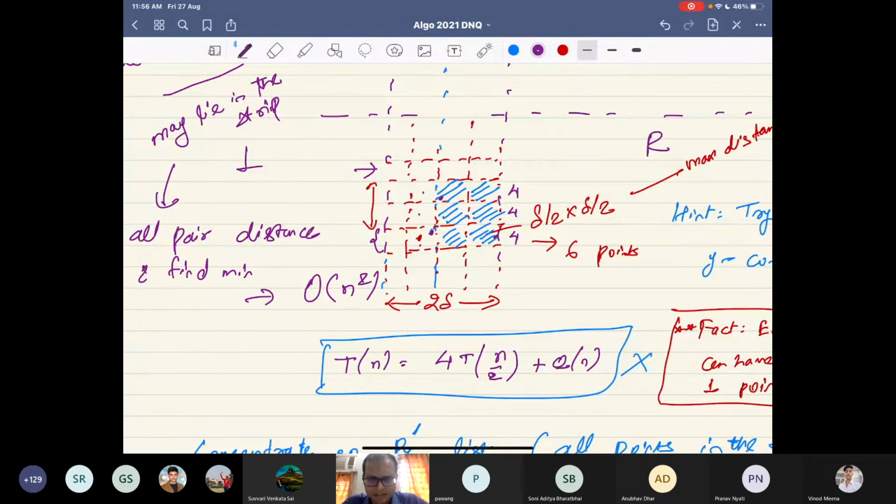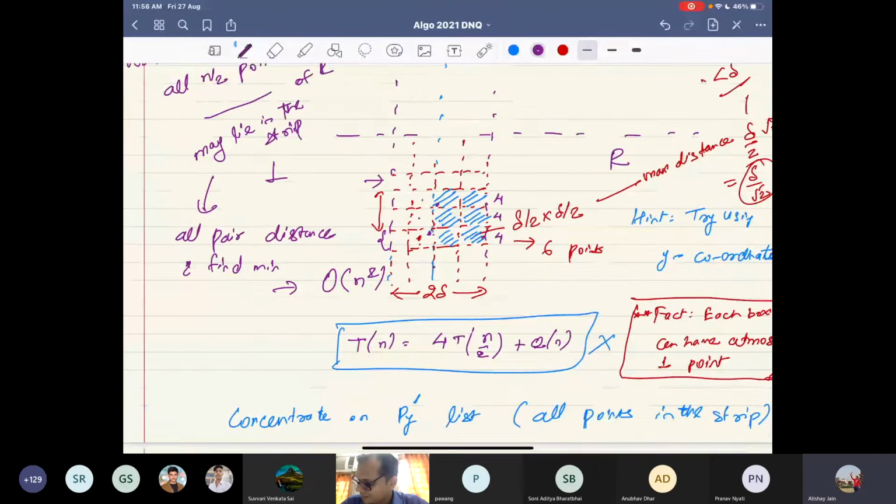Do you agree? Sir, if the point is on the left strip, then we can reduce. Okay, in the worst case you don't have to go beyond 6. I was even fine with 16, but let's say 6. Yes, sir. So that is the thing.